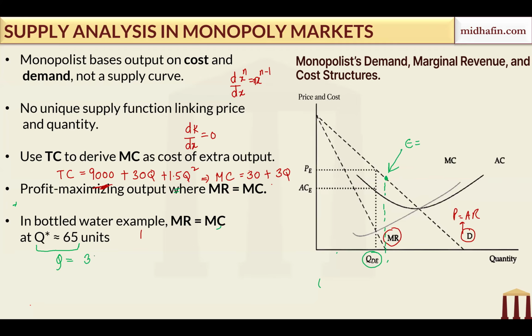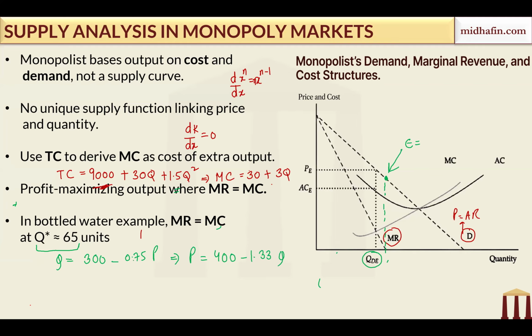So let's say it is 300 minus 3 by 4 times p, or let's just divide 3 by 4, we'll get 0.75. So 0.75 times p. If you invert it to find out the demand function, you will get p equal to 400 minus 1.33 times q.